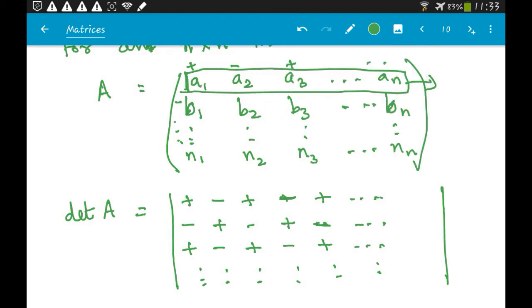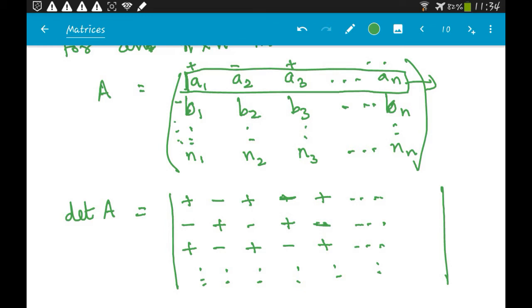Then you go to the next term A2, leave that row and that column, and then the remaining elements form a square matrix, and you find the determinant corresponding to that smaller square matrix. So similarly, you keep going. So you can find the determinant of a matrix of any order, it doesn't have to be small. For any order, you follow the same pattern and the same procedure.